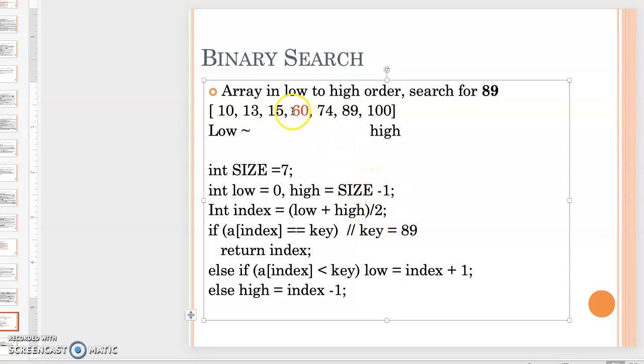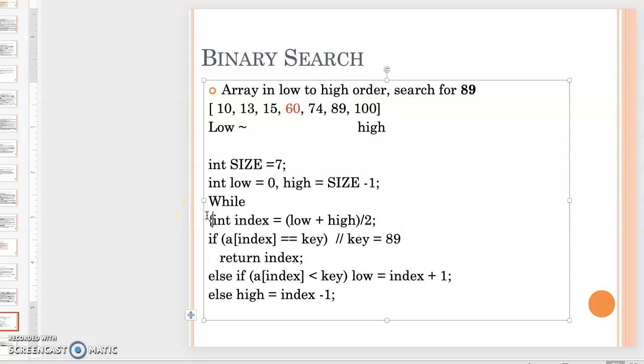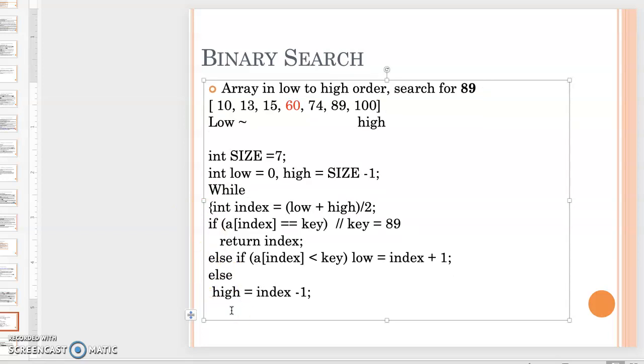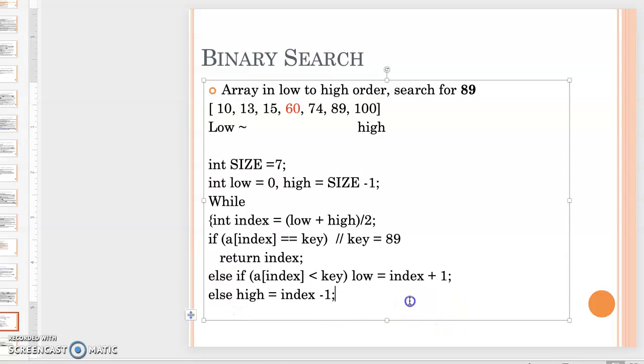If the index value is smaller than the key, we go to the higher side, and then we still continue to calculate the index from low and high. That's why we can use a while loop for the whole thing.